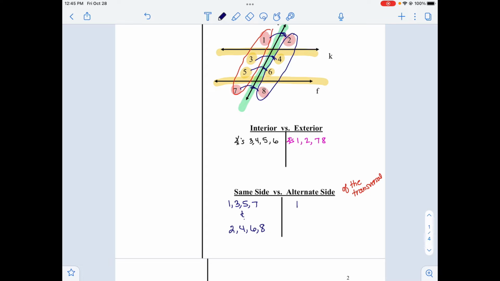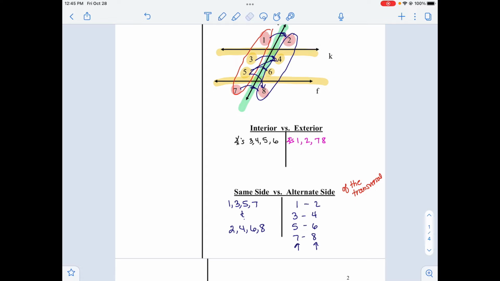We have 1 to 2, 3 to 4, 5 to 6, 7 to 8. And we also can think about the opposite sides. Anything that's on this side can also be the alternate to anything on this side, meaning that 5 and 8 can be alternate, 5 and 4 can be alternate, because they're on opposite sides of the transversal.